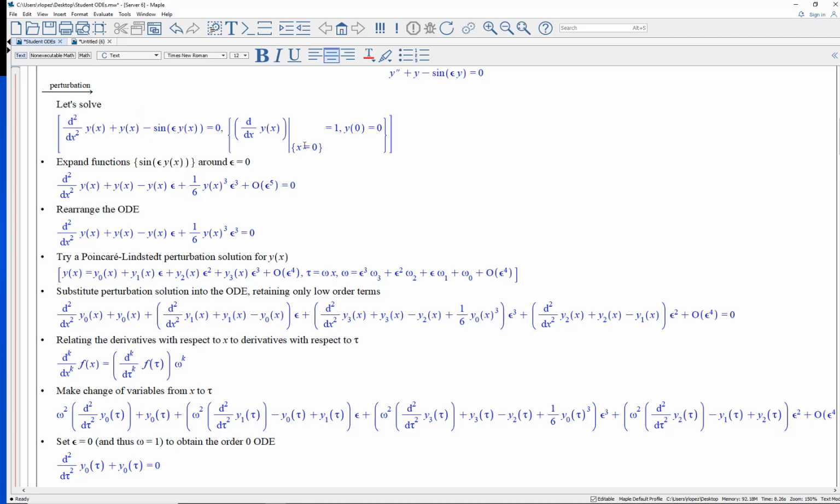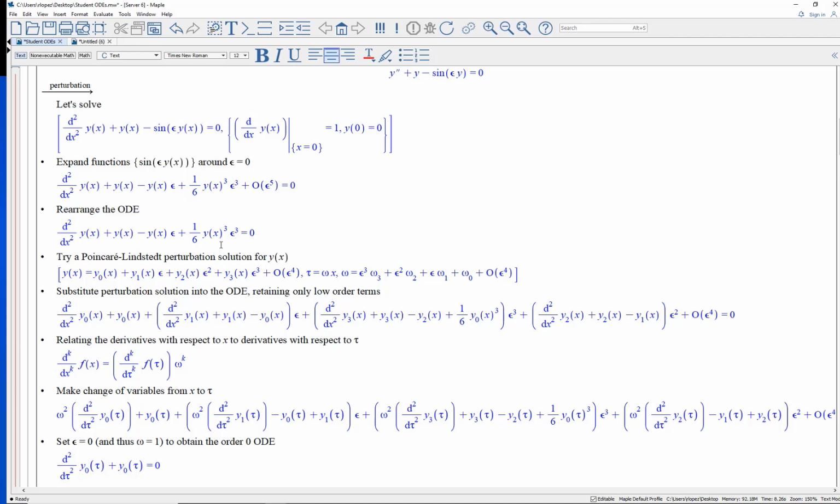So Maple says, we're going to solve this problem. It's going to take an expansion of this sine term in powers of epsilon. And so you now have the differential equation y double prime plus y, and then this is expanded, epsilon y cubed over 6.